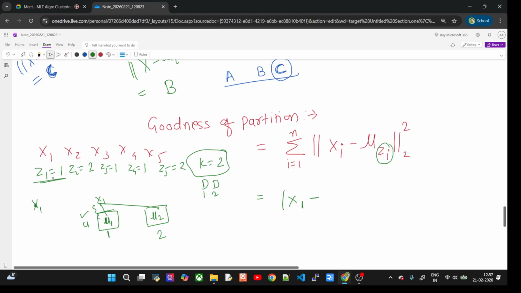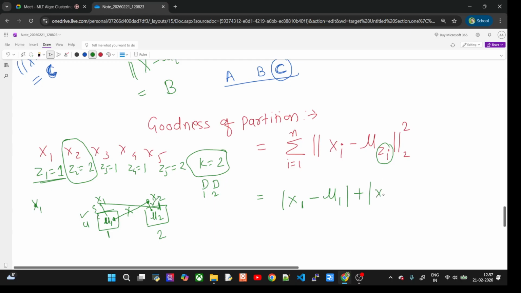Zi says I am in 1, so that is mu1. Plus x2: x2 is in cluster 2, because the distance of x2 from the mean mu2 is smaller compared to the distance from mu1 of box number 1.